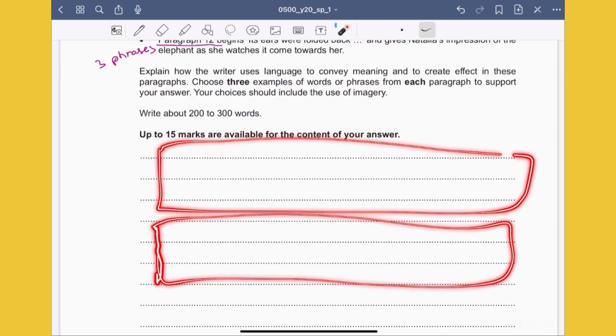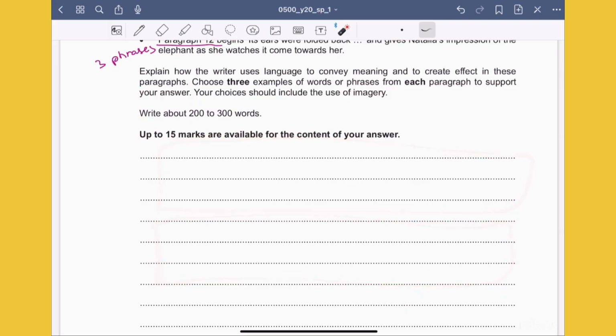It just depends on which approach is easier for you, and you just have to keep practicing writer's effect until you find which one you prefer. Okay, and here it says write about 200 to 300 words, which is okay if you write a bit less or more than that, as long as your explanation is good enough and proper.